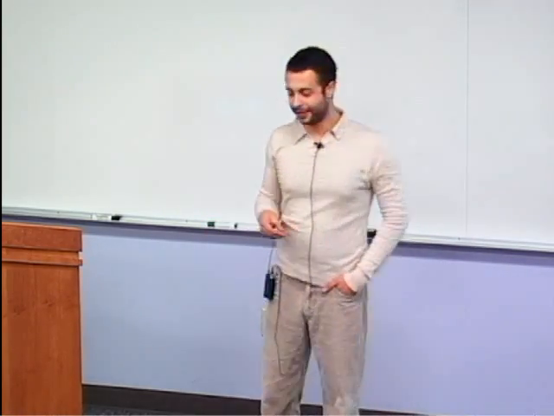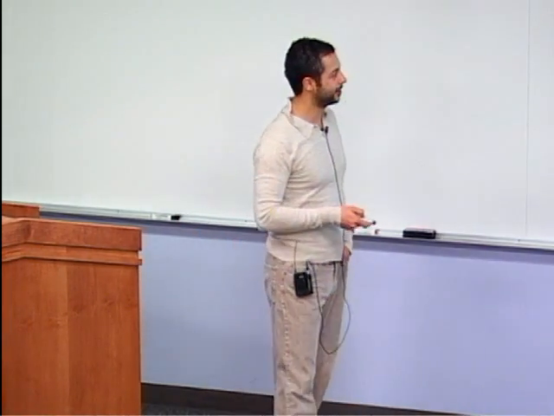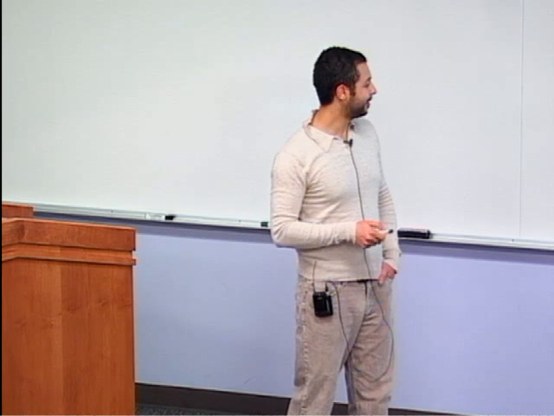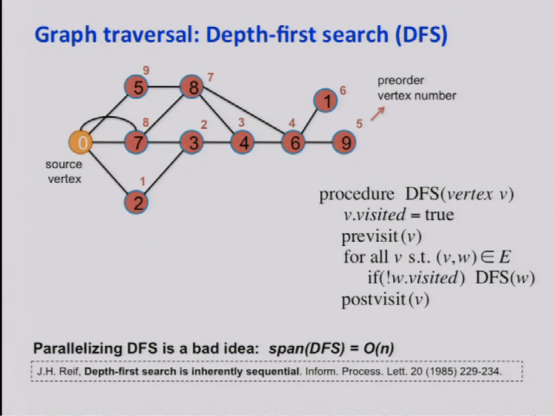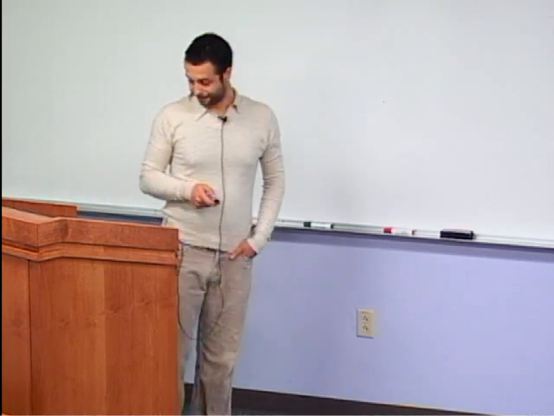So no matter how many processes you have, the span of depth-first search is essentially the number of vertices, which is pretty puny. And there's actually a famous paper that shows why this is the case. Depth-first search is inherently sequential. Some people didn't believe in that paper because it's not a proof, of course. But still, there is no algorithm whose span is less than O(n), as far as I know.